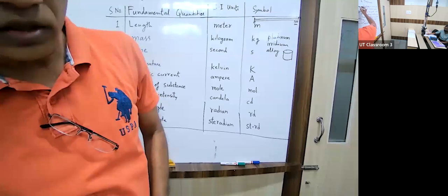Let us say this is the east direction. So I have to specify direction also. Correct? So it is a vector quantity, that is, it has both magnitude as well as direction.